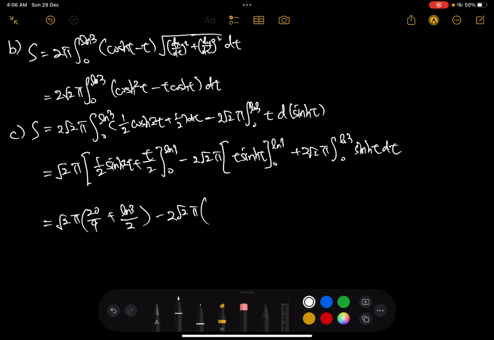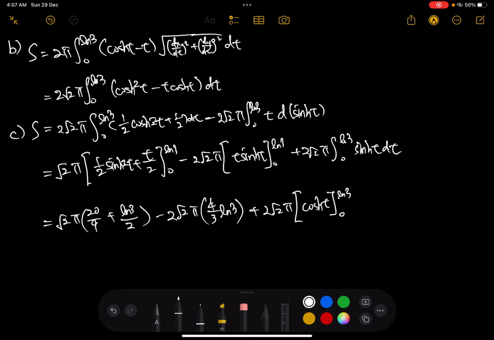And then hyperbolic sine of natural log 3 is 4 over 3, and then times t is 4 over 3 natural log 3, plus 2 root 2 pi of hyperbolic cosine of t from 0 to natural log 3.